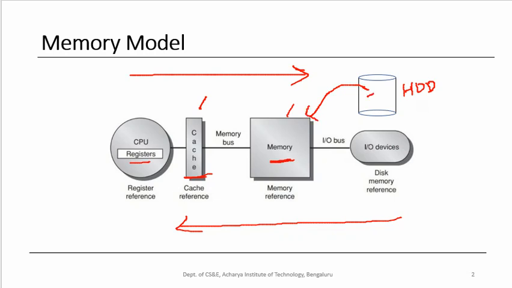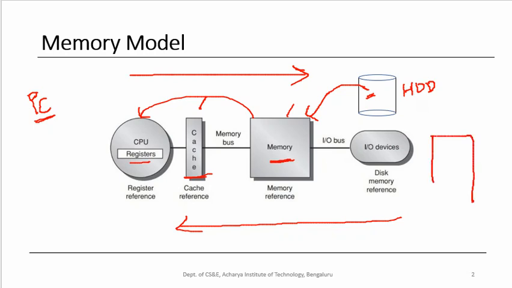After the program is compiled and when it becomes loadable, it is brought into the main memory by the loader, and the CPU will fetch instruction by instruction from the main memory with the help of a processor register called the program counter or instruction pointer. This will always point to the instruction that has to be fetched next into the CPU for execution. Every time an instruction is fetched into the CPU and executed, the content of the program counter is updated so that it points to the next instruction. This is what we have already discussed.